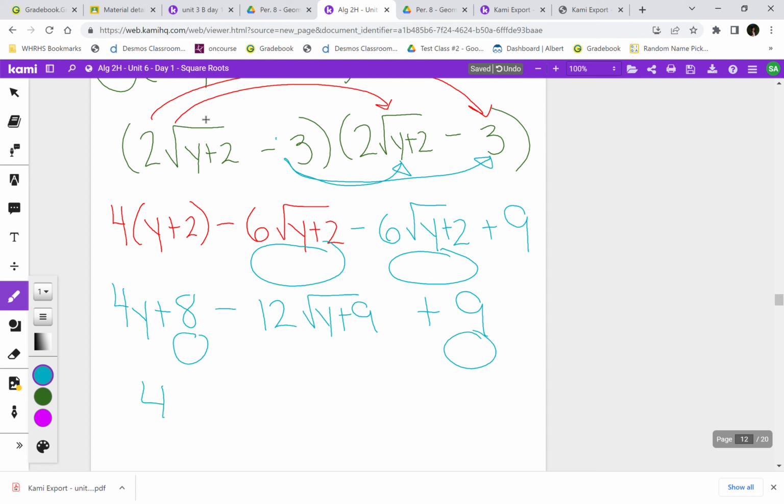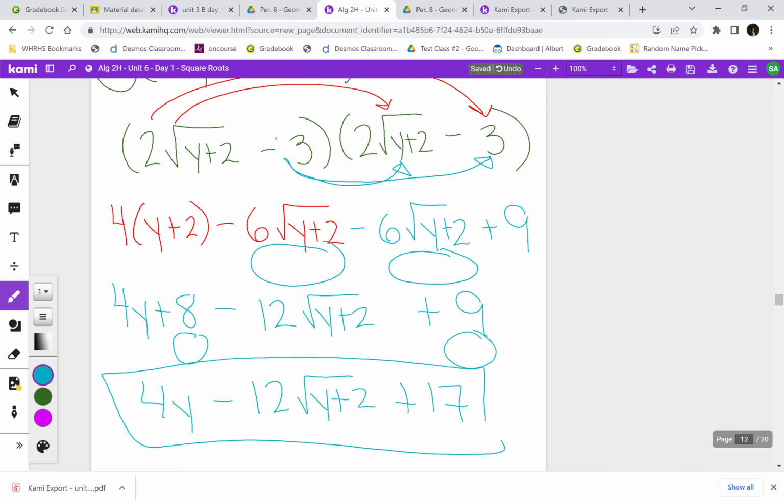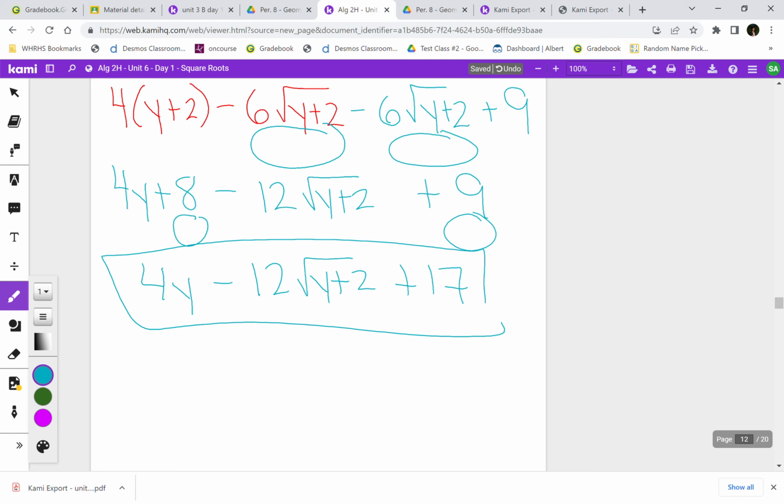So I'm going to have a 4y minus 12 root y plus 2 plus 17. If you wrote 4y plus 17 minus 12 root y plus 2, that's fine. All right, we're good.